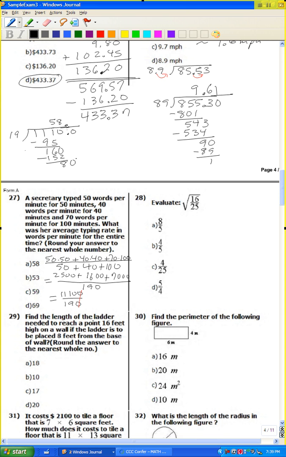Drop down a 0. 4, 72, 76. 4. Okay, so it's approximately 58.4. And so, rounding to the nearest whole number, 4 is less than 5. So this is approximately 58 words per minute, which is A.